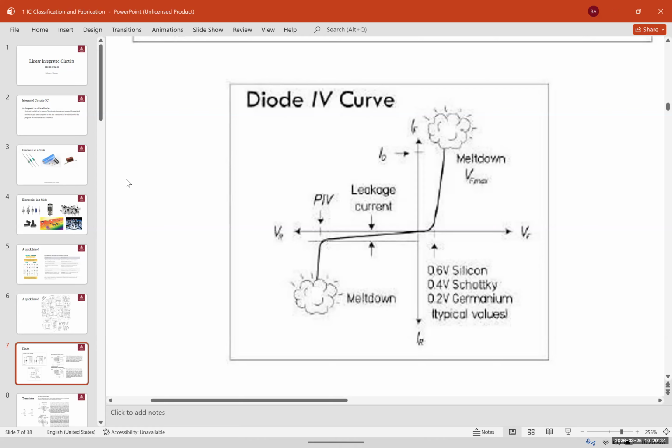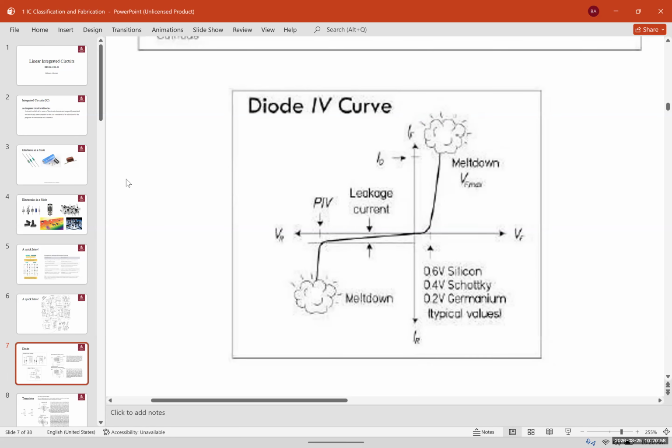We also have these tiny diodes. Usually some of them are glassy, transparent. Those are called signal diodes. Signal diodes are the ones that are used in your phones, computers, and communication systems. Their meltdown voltage is pretty low compared to these power diodes, but they are faster. They have a higher frequency.